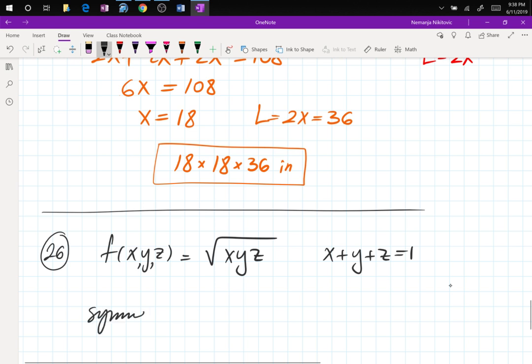Symmetry is going to give you x equals y equals z. Now, is this a solution? No, it's not a solution. This is just an observation that's going to help you solve the equations. Don't forget your partial derivative with the square root, right? That's going to be xy over the square root of xyz.